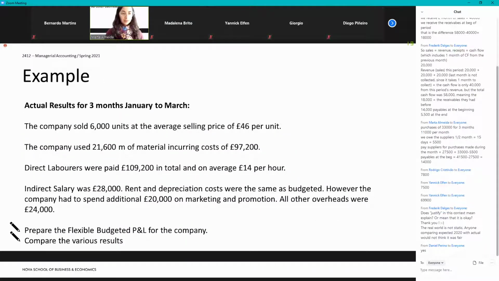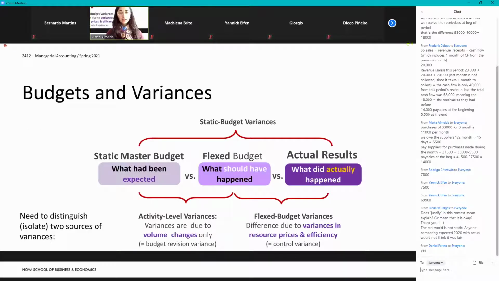So we did this, we compared the results, and now we have here the variances. The static or master budget, which is the original budget that we did in the beginning, is what we expected to happen. The flexible budget is what should have happened if we had the same efficiency as we expected and the same standard prices.